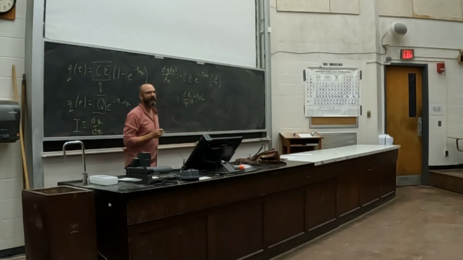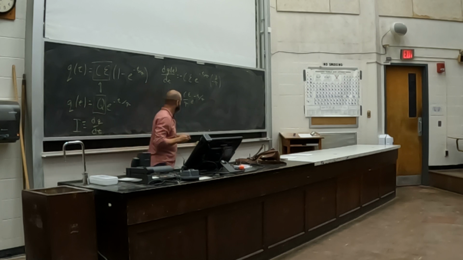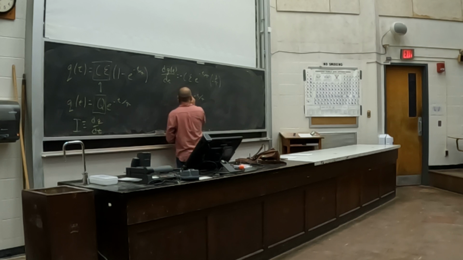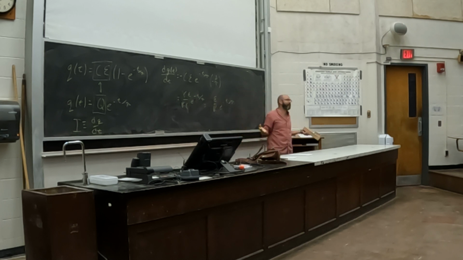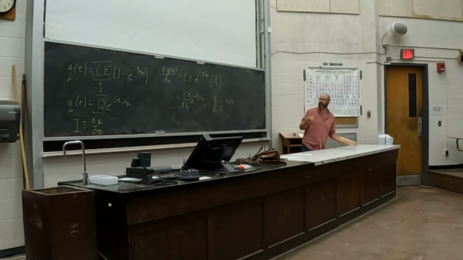But tau itself is what? What's the time constant? RC. I lose the C, and I get E over R, e to the minus t over tau, which if you look on your formula sheet is what you have.